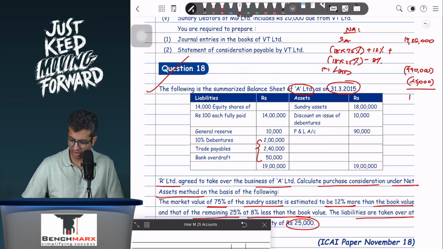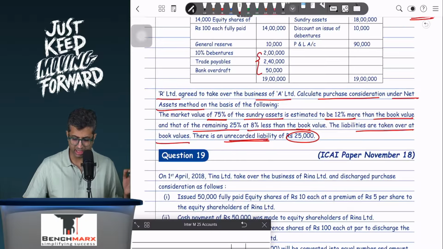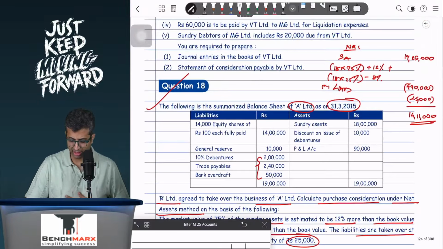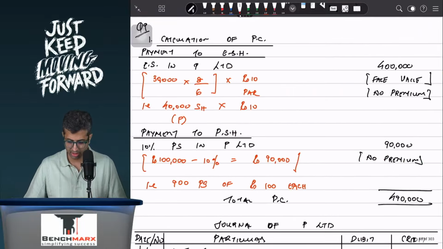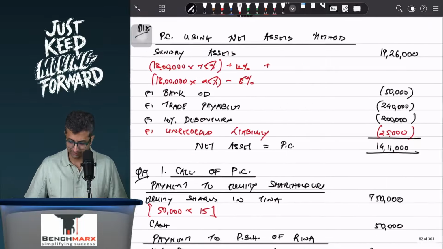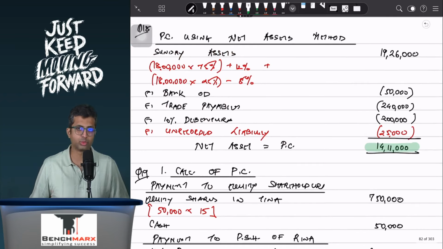Is it 14 lakh 11,000 by any chance? So, using the net assets method, what you are acquiring is net assets worth approximately 14 lakh 11, and that should be your purchase consideration. If you go to question number 18, as you can see over here, perfect, 14 lakh 11,000 after considering all of these workings.